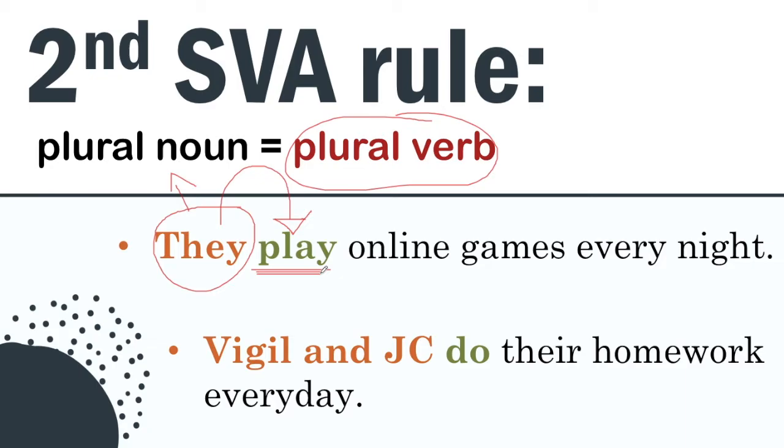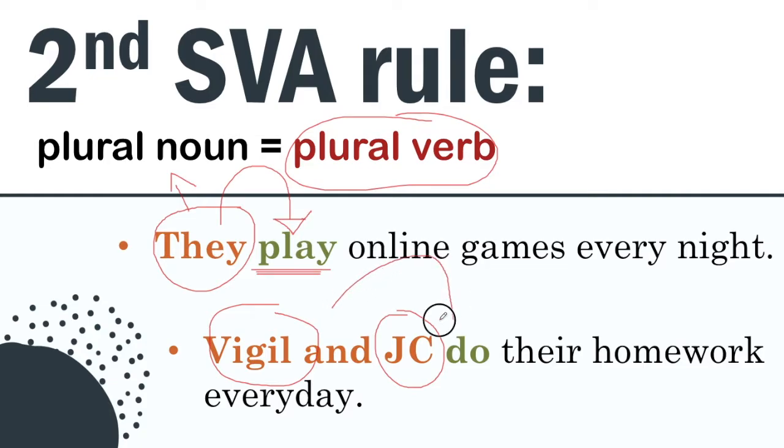Okay, let's go now to the second example. Vigil and JC do their homework every day. So what have you noticed with the subject? Okay, great. We are now talking about two people, Vigil and JC. And when we're talking about more than one, is it singular or plural? Great. Obviously, plural, right?